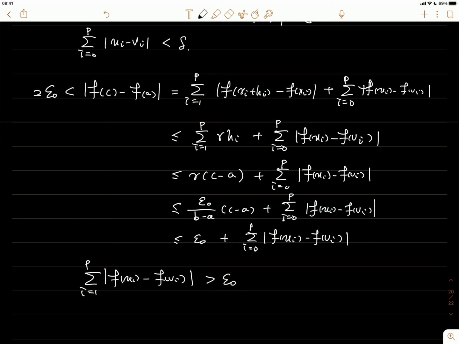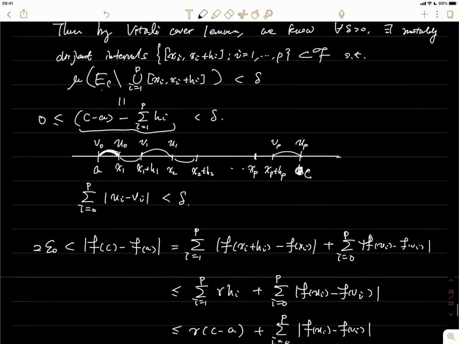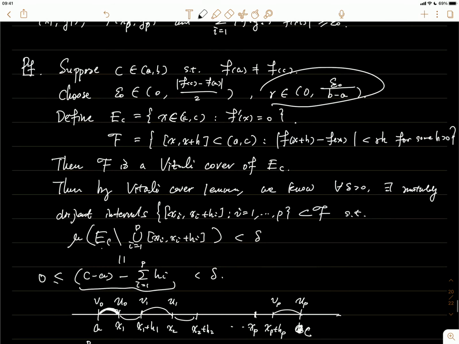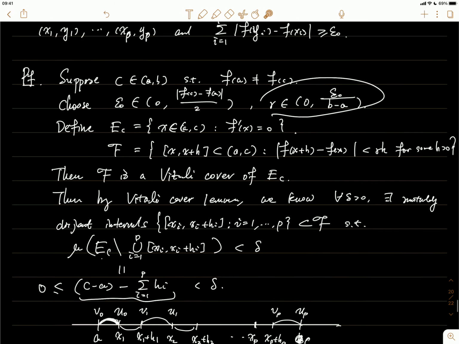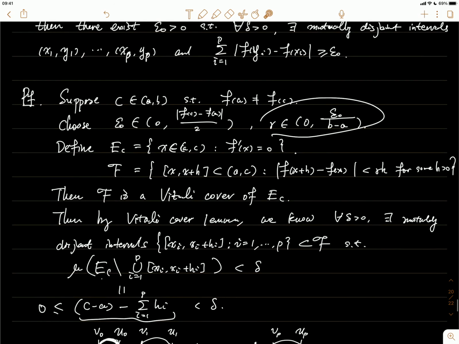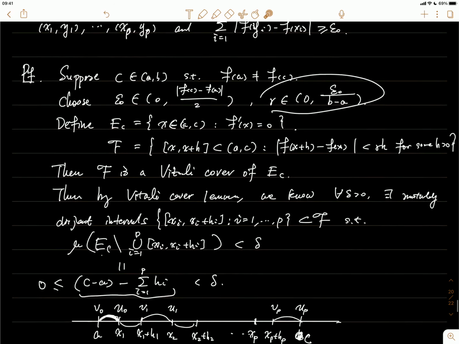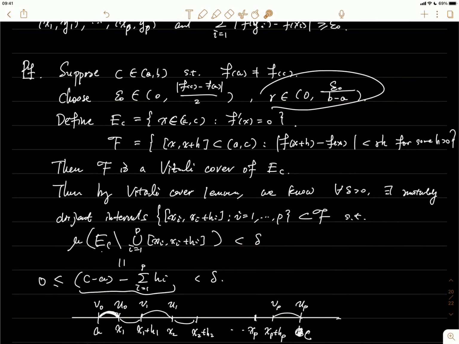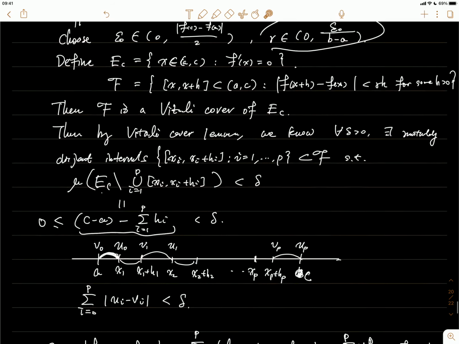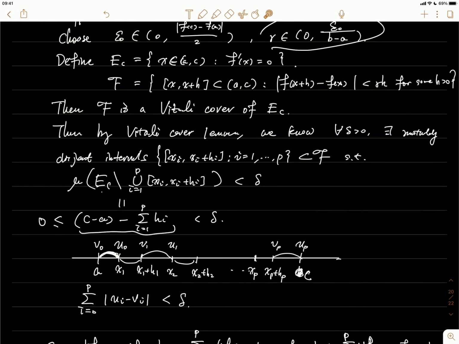All right, so so far we showed that for some epsilon between this interval, which is positive, we know that there exists a set of intervals which are mutually disjoint, since they are separated by these disjoint intervals xi to xi plus h.